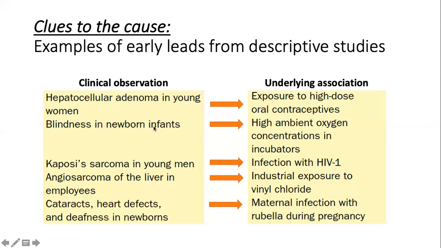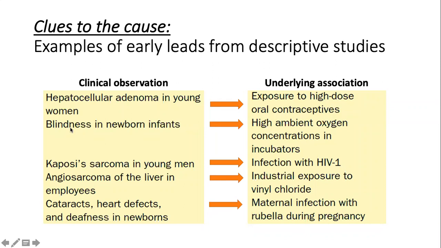So they observed that in newborn infants that became blind, there were actually high ambient oxygen concentrations in the incubator. So they observed that this underlying cause was the one causing blindness.